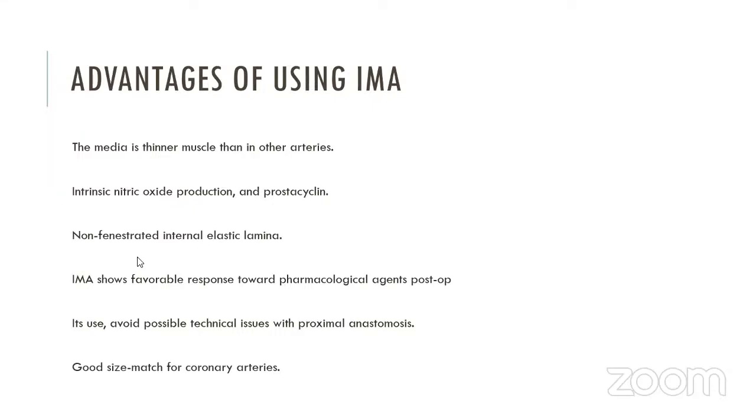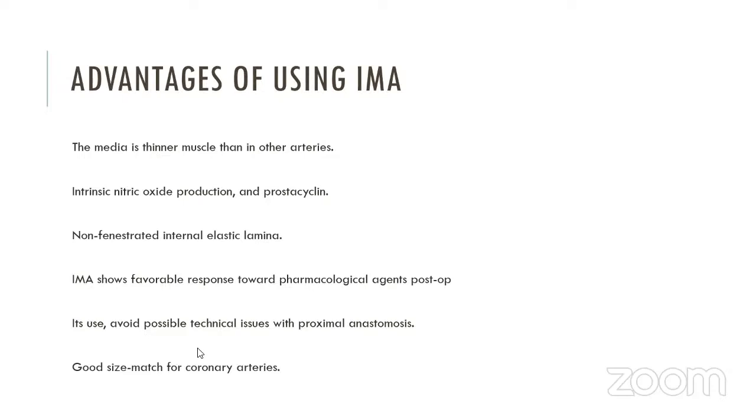What does that help with? It helps with inhibition of cellular migration, which will eventually lead to prevention of intimal hyperplasia. The LIMA shows favorable responses toward different pharmacological agents post-op. For example, the LIMA usually vasodilates in response to milrinone, and it does not vasoconstrict in response to norepinephrine, which are common medications that we use post-operatively.